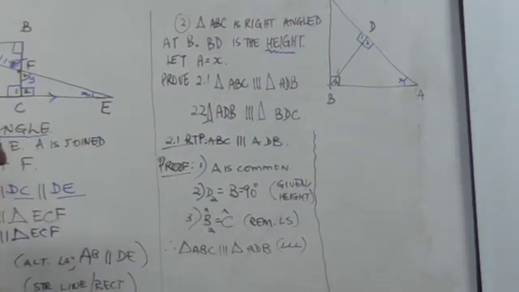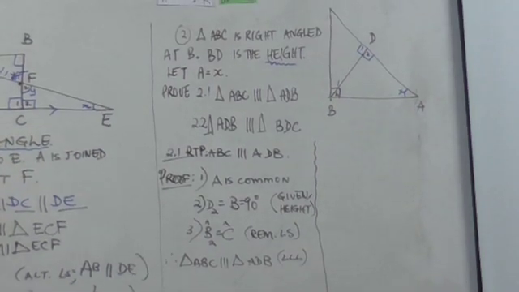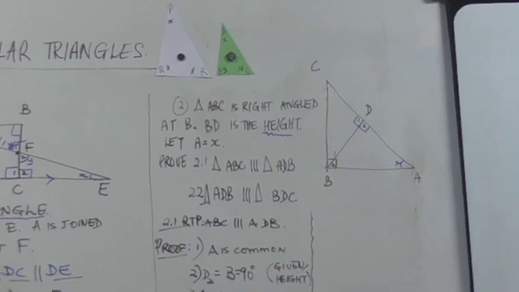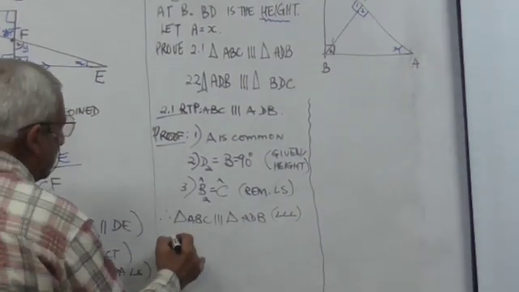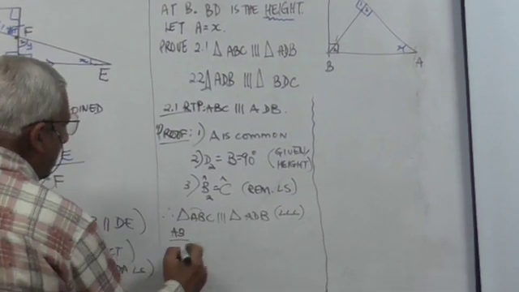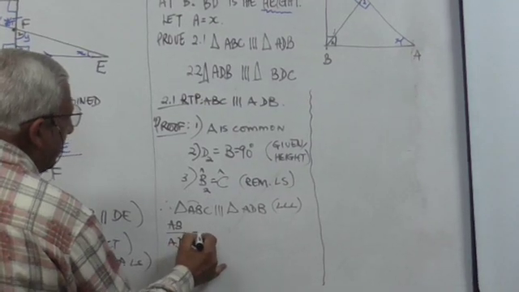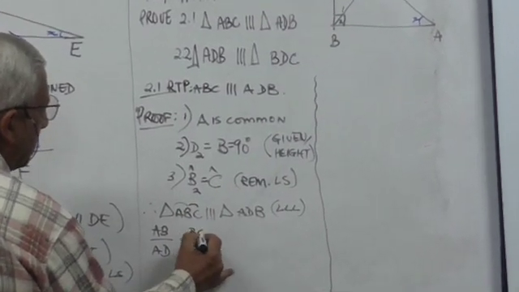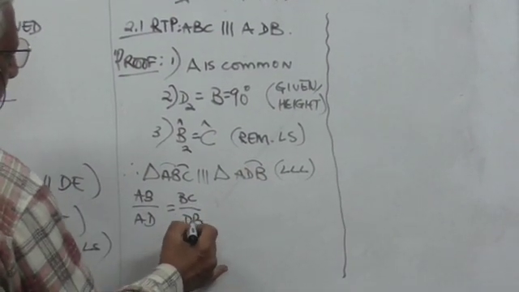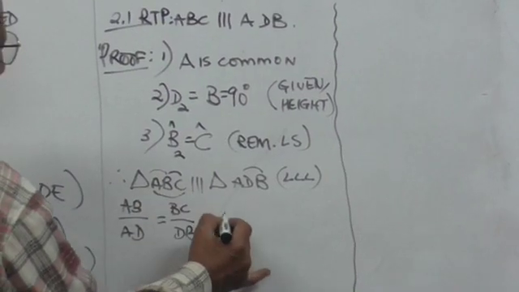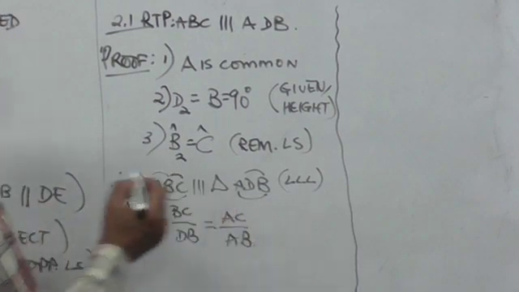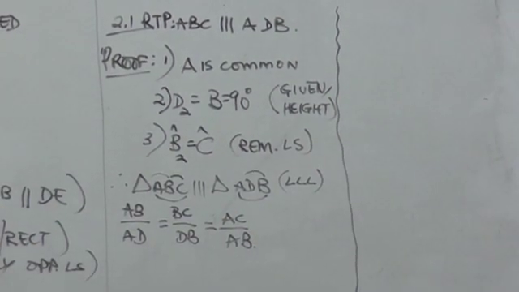Let's see, the labeling is correct. ABC means X, 90. ADB means X, 90. It's correct. Proportion: first two, AB over second two, AD. Second two, BC over second two, DB. First to last, AC over first to last, AB.